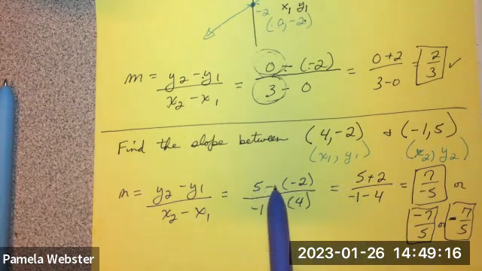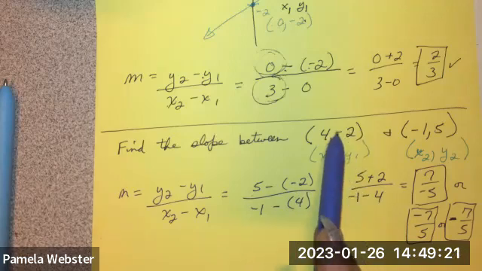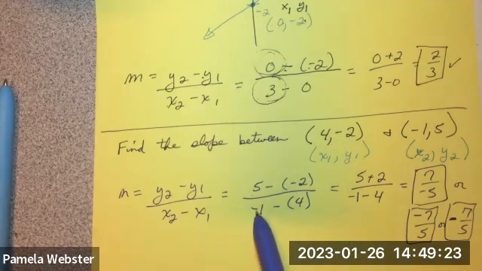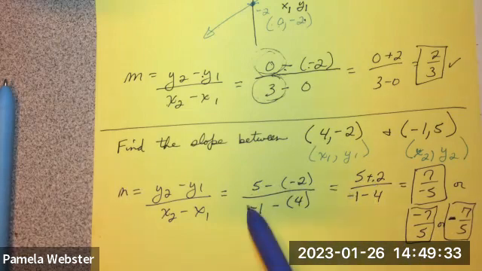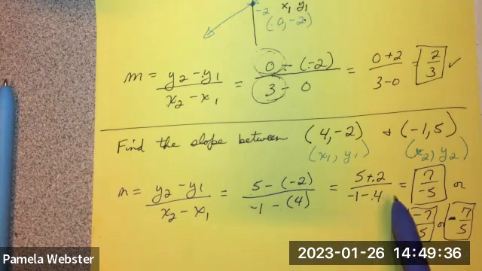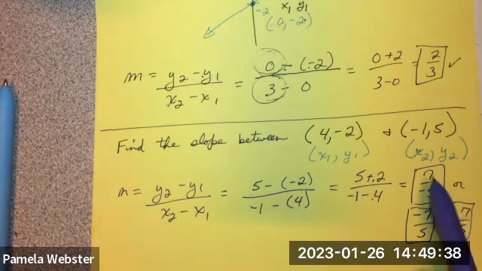So I plugged in 5 minus, because there's a minus in the formula, -2, because I used this guy for my y1. And on the bottom, -1 minus, and the minus came from the formula, and the x1 value was a 4. So that becomes 5 negative, and a negative is a plus. -1 minus 4, and so 5 plus 2 is 7. -1 minus 4 is -5.